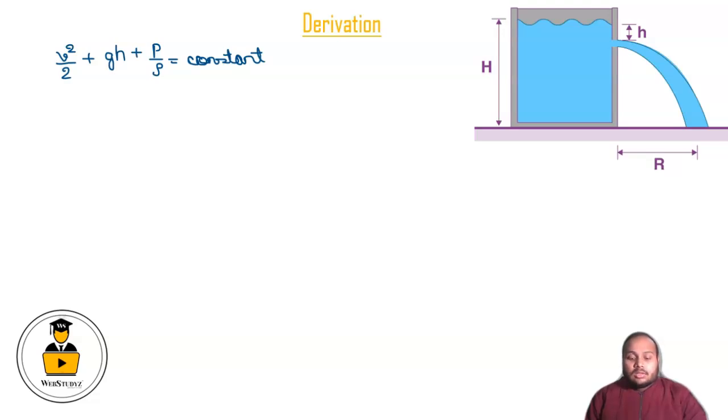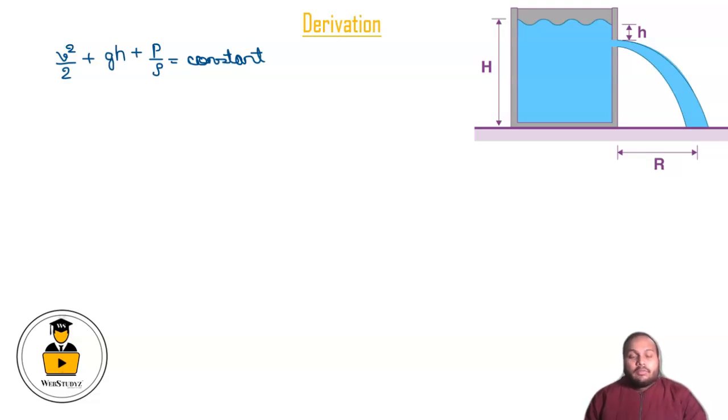Here V is considered 0 because the liquid surface drops in height slowly compared to the speed at which liquid leaves the tank. So h is 0 and P is atmospheric pressure at the opening.